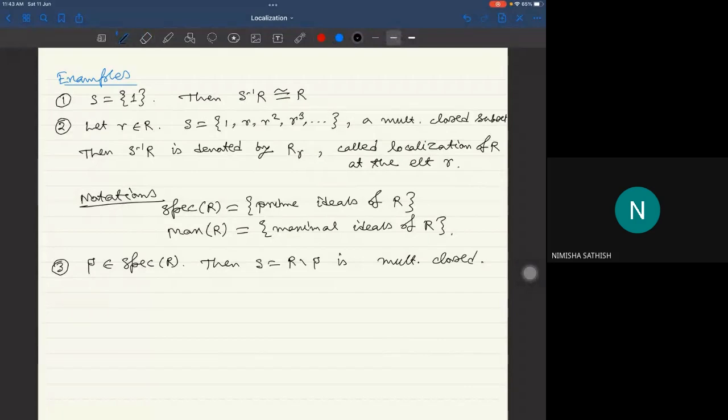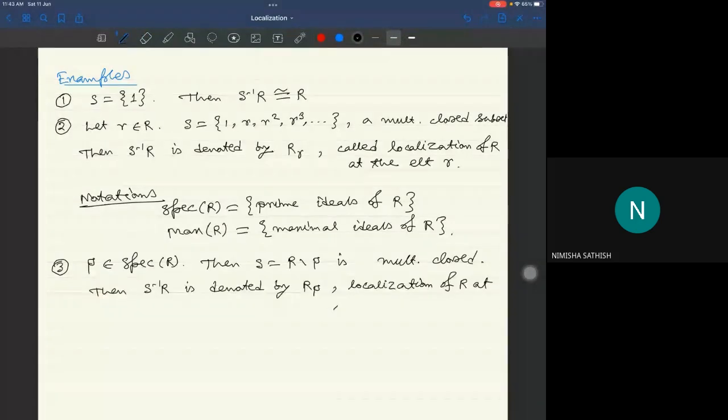This S inverse R is denoted by R suffix P, because this localization, this ring of fractions, depends on P. We call it the localization of R at the prime ideal P.